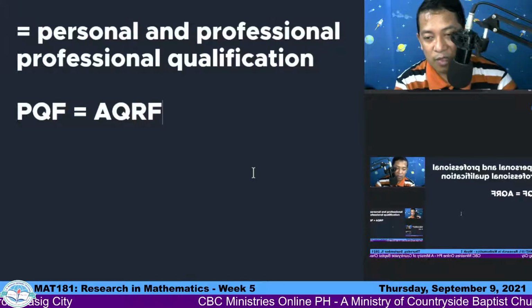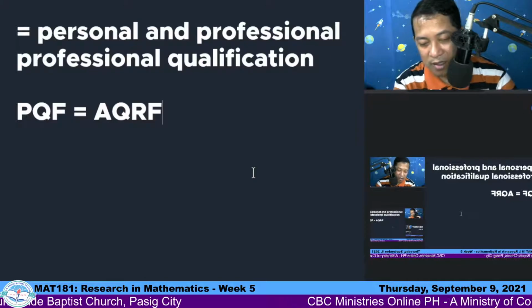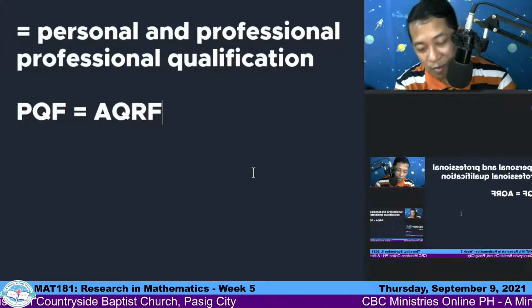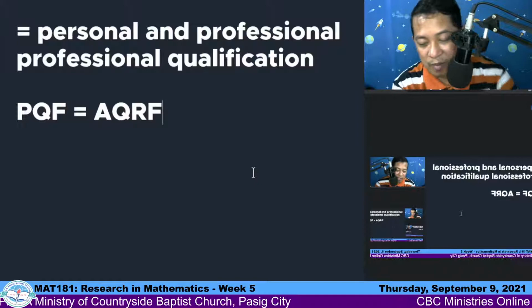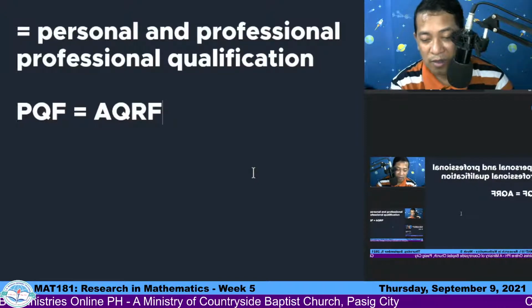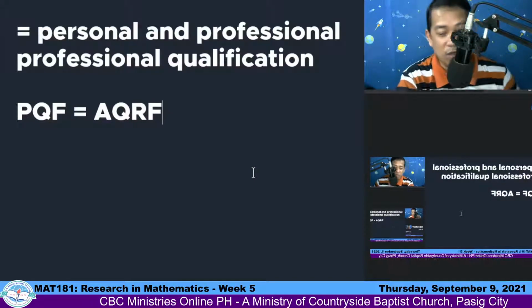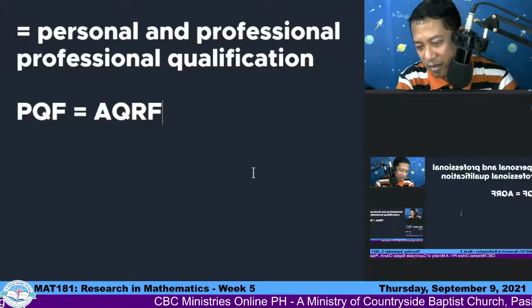So what will be an equivalent of a bachelor's undergraduate level here in the Philippines that would practice in Thailand, perhaps, or perhaps in Vietnam, in Hanoi? So there are equivalencies as far as qualification. So I think we are on that note.